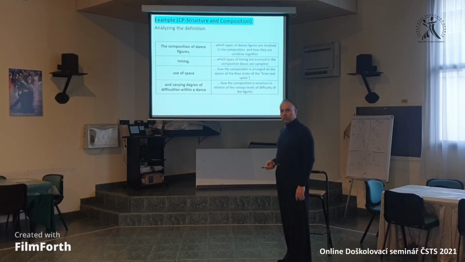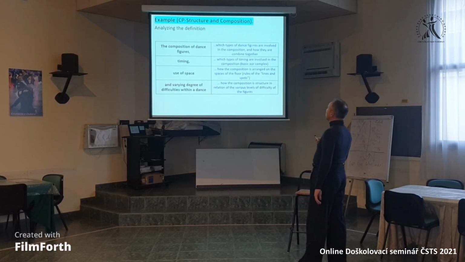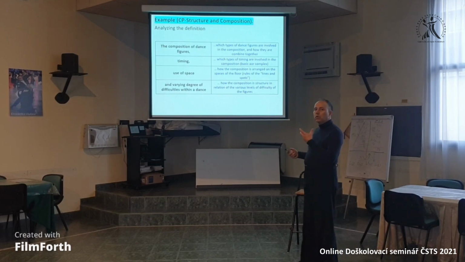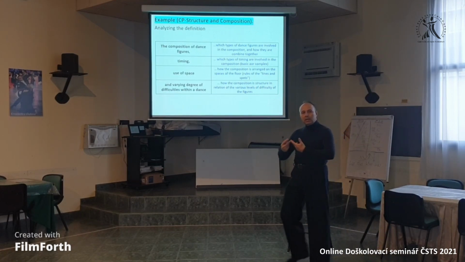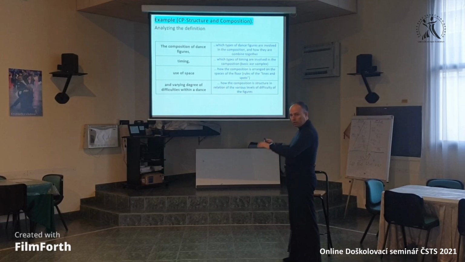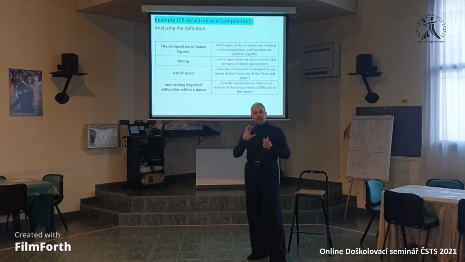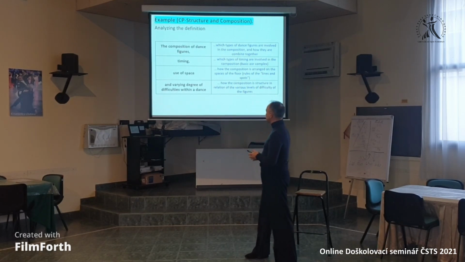Again, we have 4 keywords. The composition of dance figures means which types of dance figures are involved in the composition. So you have to know which are the figures that the couple use in the choreography, and how they are combined together. You have to understand the type of figures and how these figures were structured together.